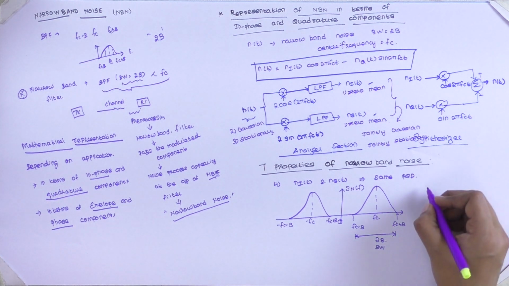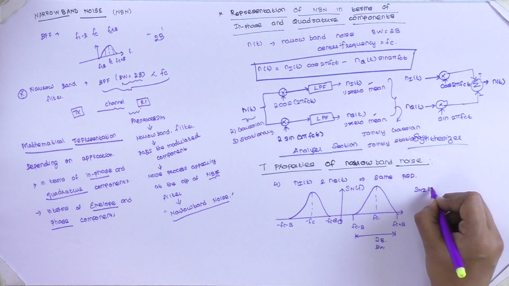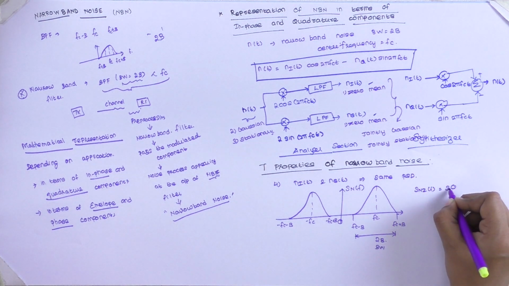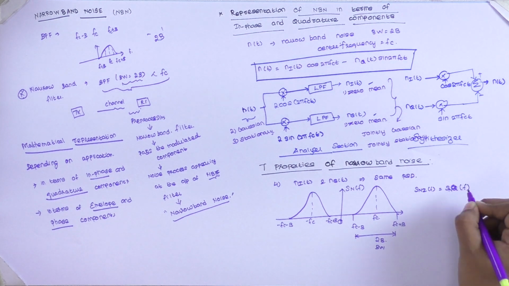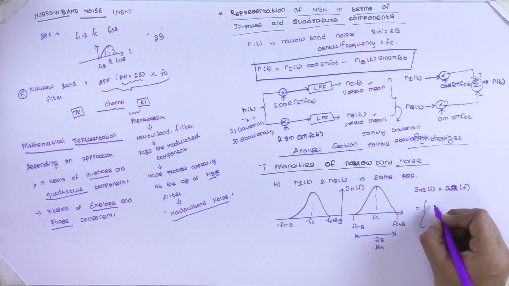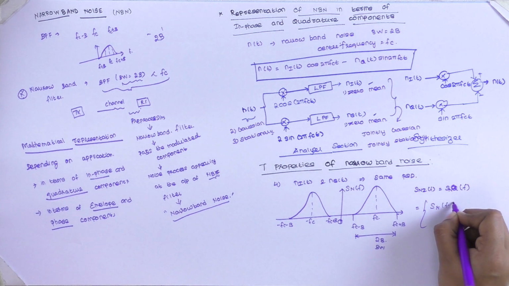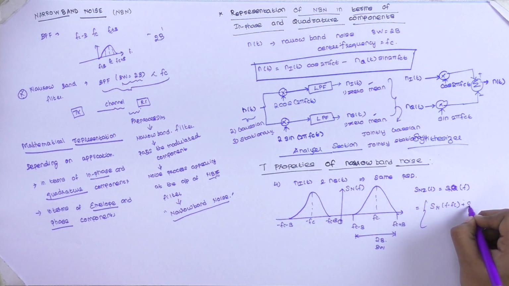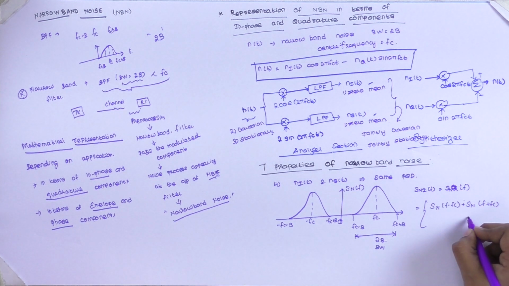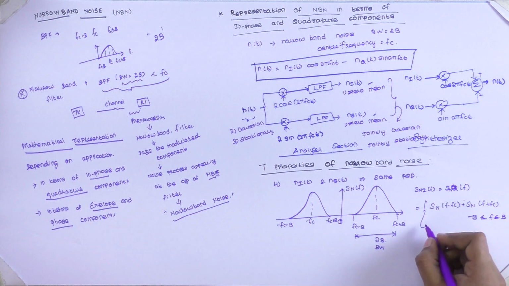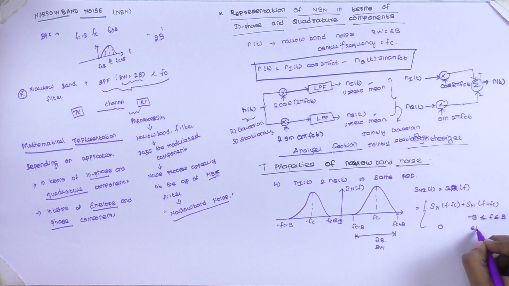Therefore, what are SNi of F and SNq of F? Both can be represented as Sn of F minus Fc plus Sn of F plus Fc within the bandwidth minus B to plus B, and 0 elsewhere.